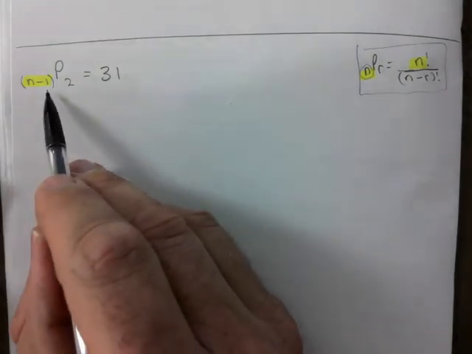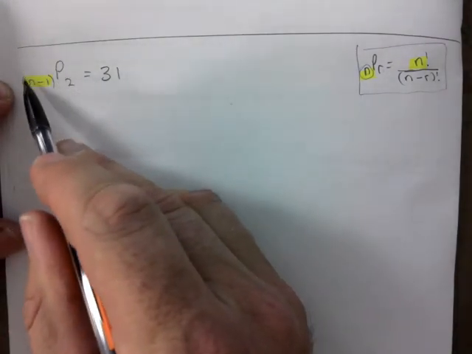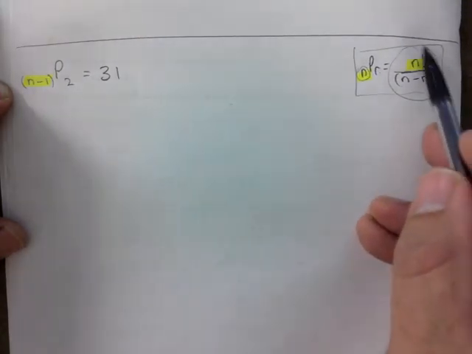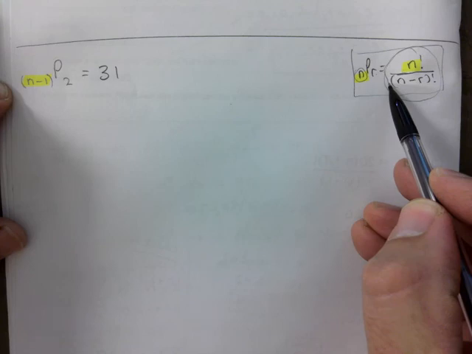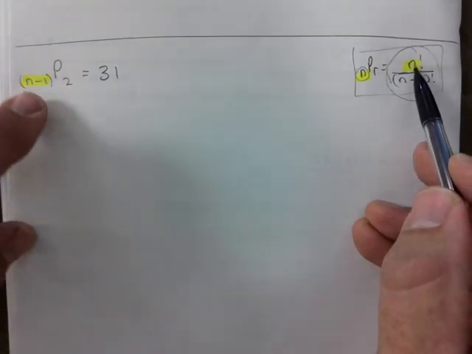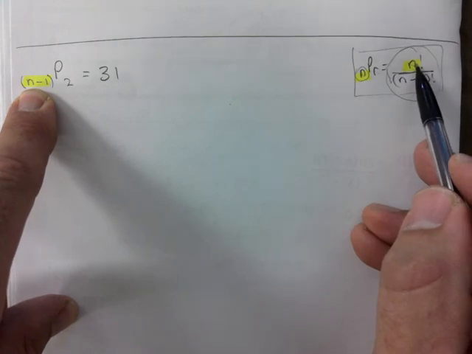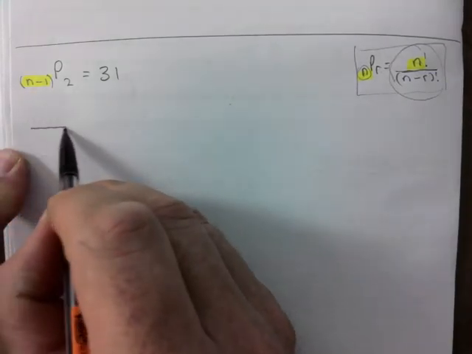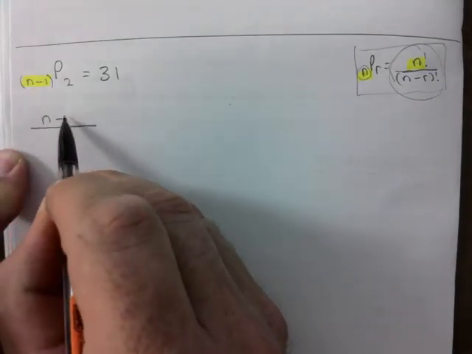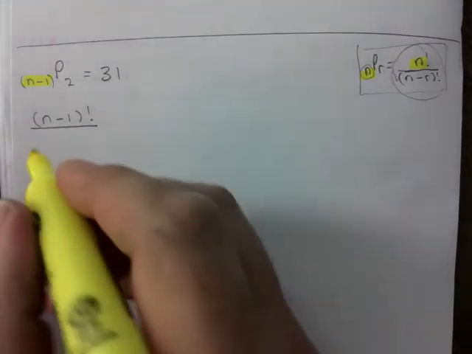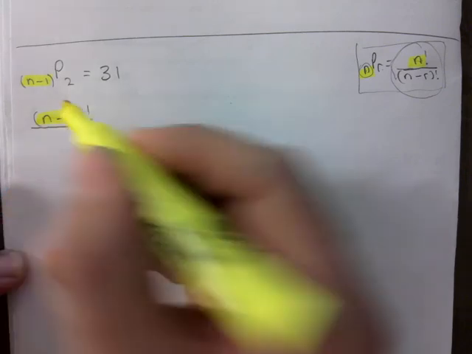So watch what I'm going to do. On the left side, I'm going to use this formula right here. You're following? Whatever that is needs to be at the top, so we're going to go n minus 1 factorial, just like we did on the original.